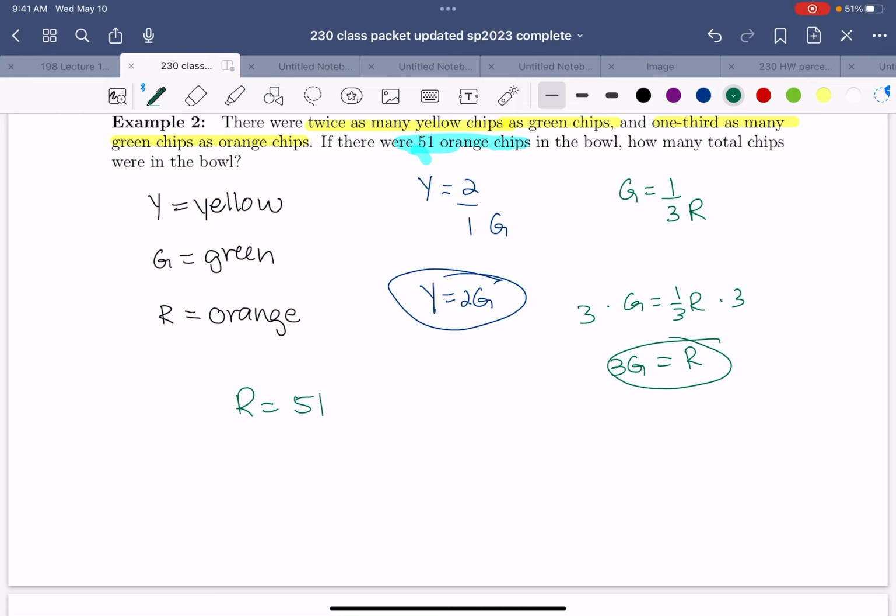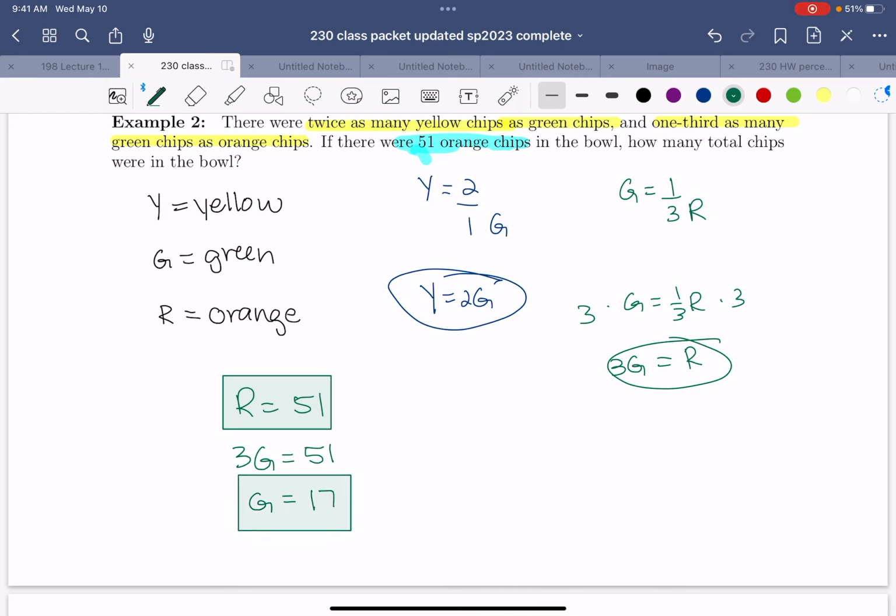From there, I can work my way back. If I set my R equal to 51, then over here I have 3G equals R, and R is 51. Then I can divide both sides by 3, and that gives me 17.